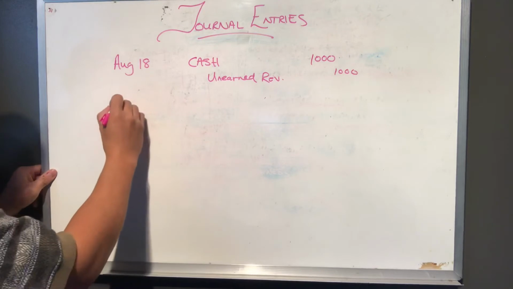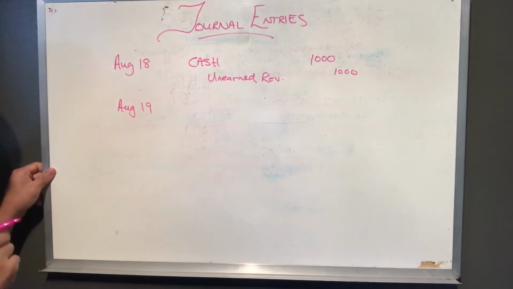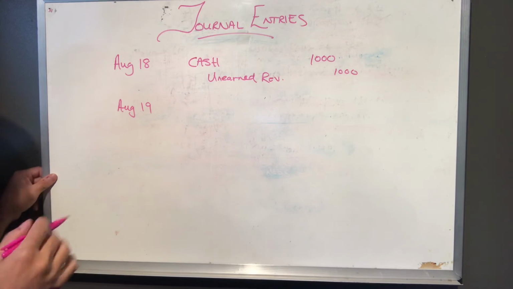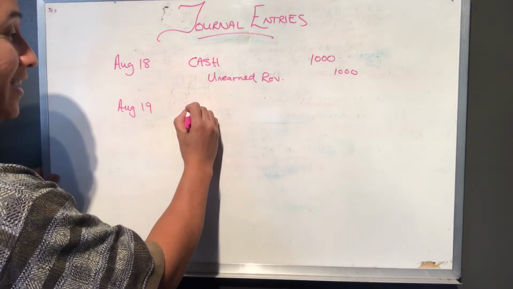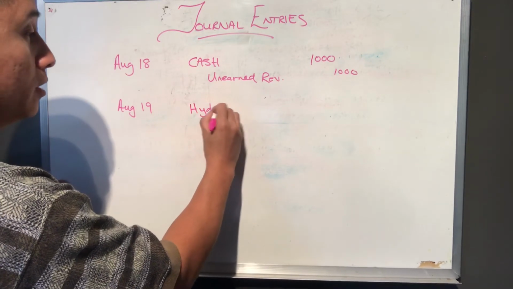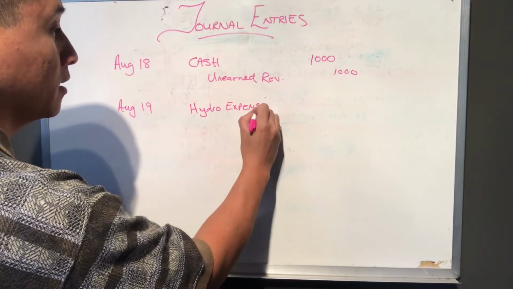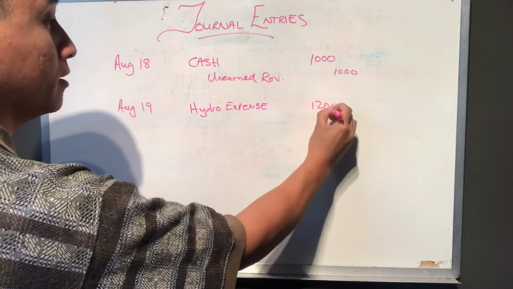Now, let's say on August 19 that she had a hydro expense, a utility expense, and so she's paying that on account, not using cash. So in this case, as it's an expense, we can say hydro expense, and let's just say that that's $1,200.